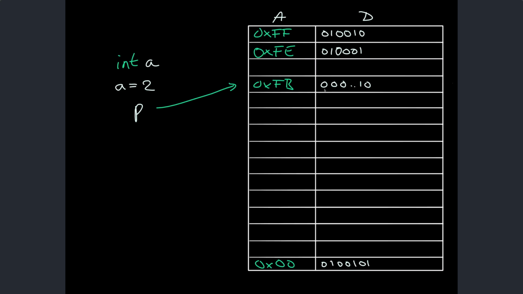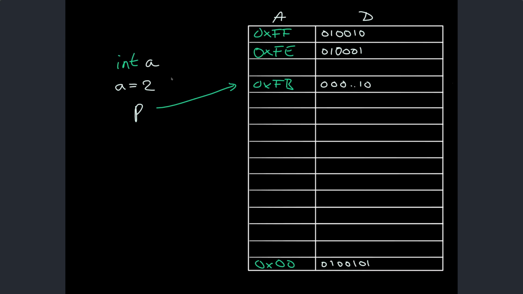But there are, as always, a few caveats. As I mentioned briefly, this registry might be a lot larger than just our integer A. And at this point, we've just said P is a pointer, and it's pointing at this address here. But really, neither the compiler nor the operating system knows how many bytes P is actually representing in the data registry. And that's why pointers typically have a type.